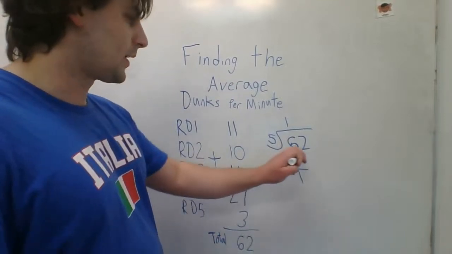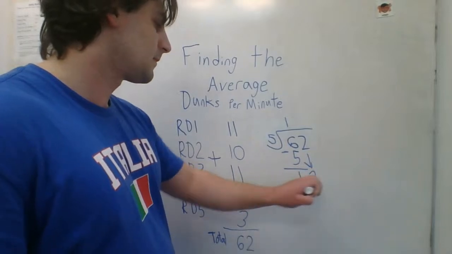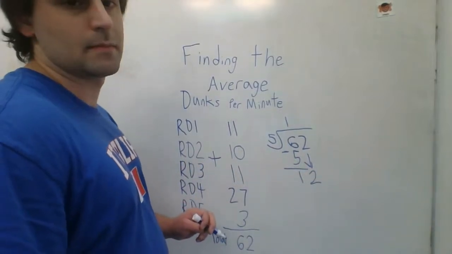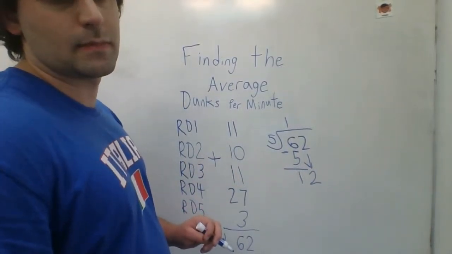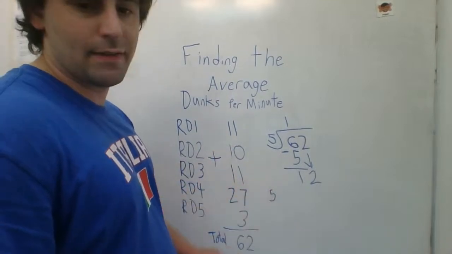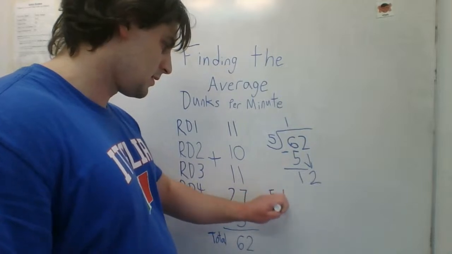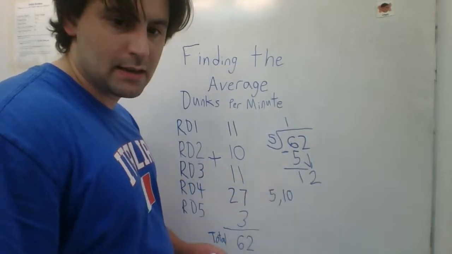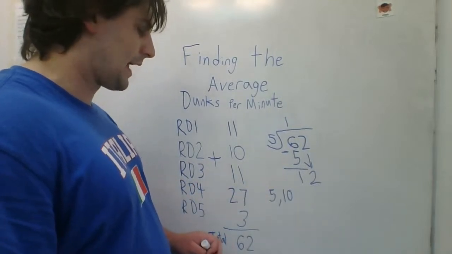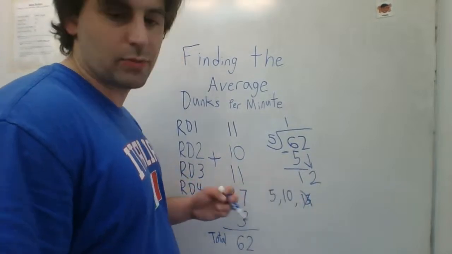Next, we bring our second number down. 12 divided by 5, so counting by 5s again. 5, 10. Now, if we count by 5 again, we'll be too far. 15 would be too far. 15's past 12.